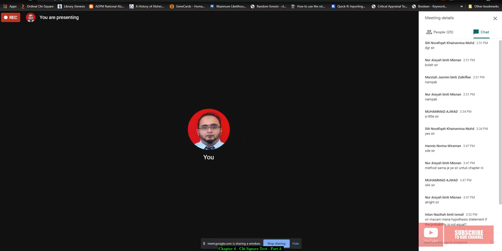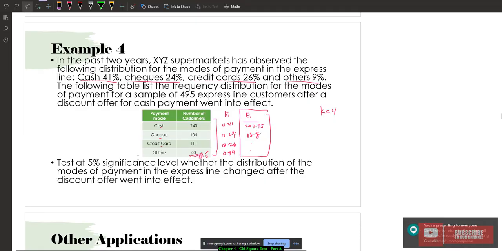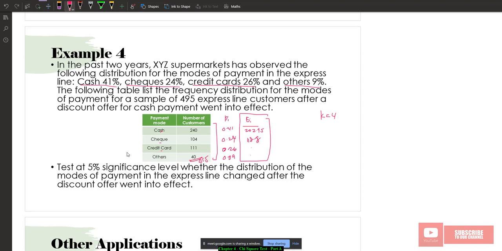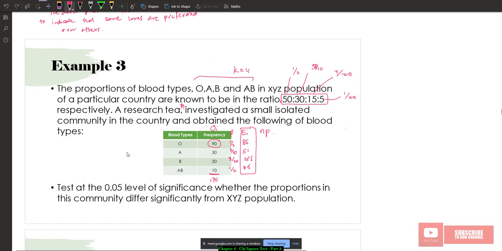The hypothesis statements are the same. If we look at example number 3, the null hypothesis should be the proportions do not differ significantly, because we don't have the same value of probability.